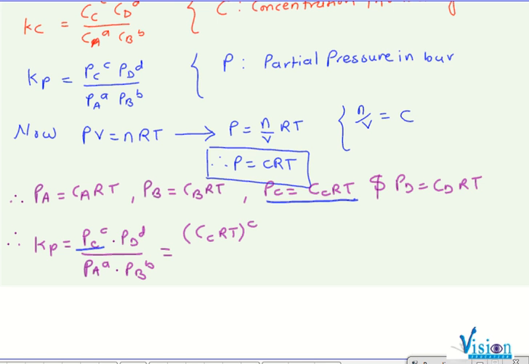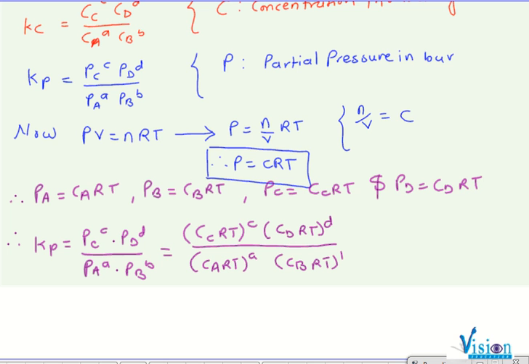So instead of PC, what can we write? CCRT raised to c. Same way, instead of PD, we may write CDRT raised to d, instead of PA, CART raised to a, and CBRT raised to b, correct or not?